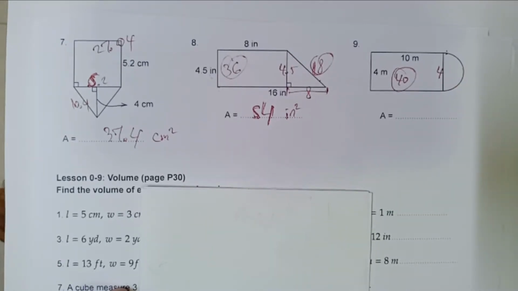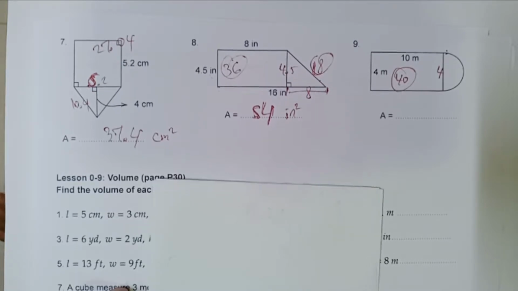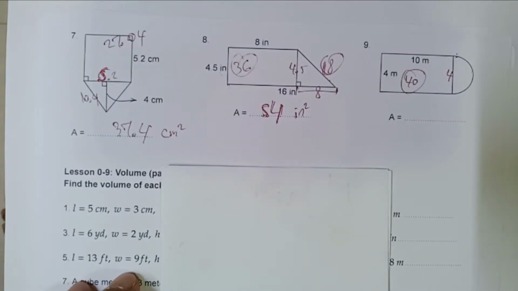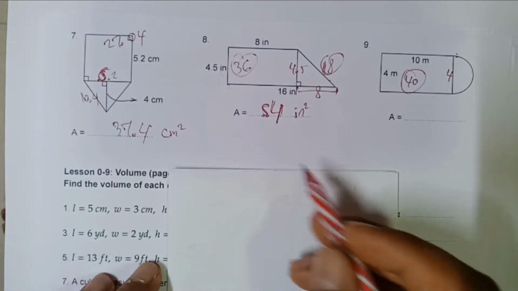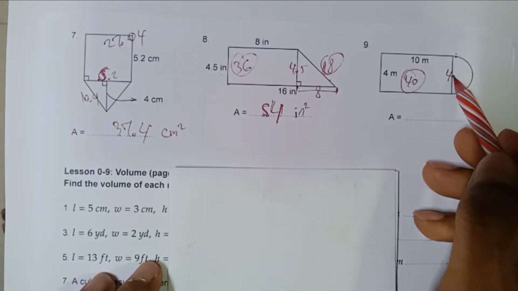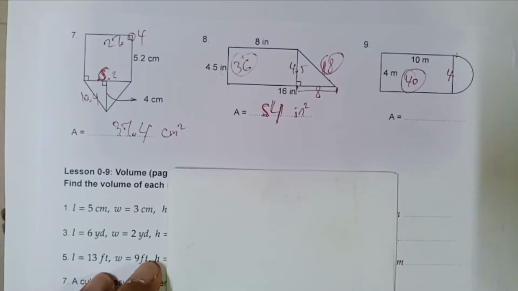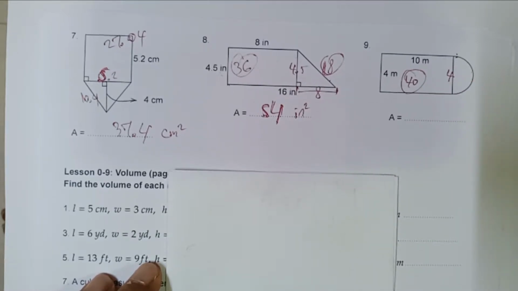A while ago, the area of a whole circle is pi r squared. So you have r is 2. So you have 2 squared equal to 4, and multiply it by pi, that gives you 4 pi.